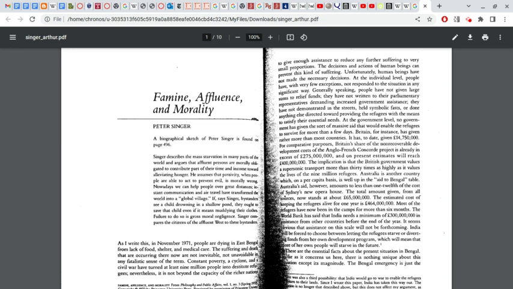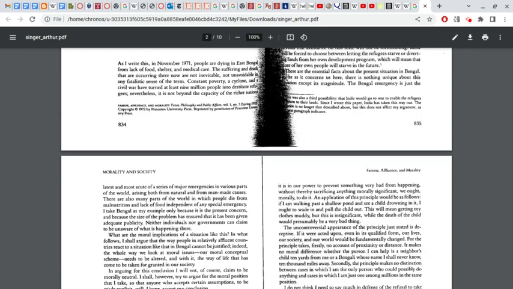Reading Singer, he gives us a particular interpretation of what the moral duties are of a utilitarian, somebody who thinks like a utilitarian.